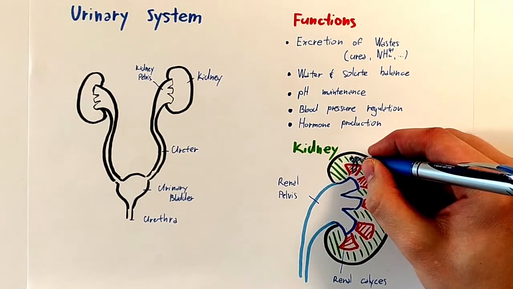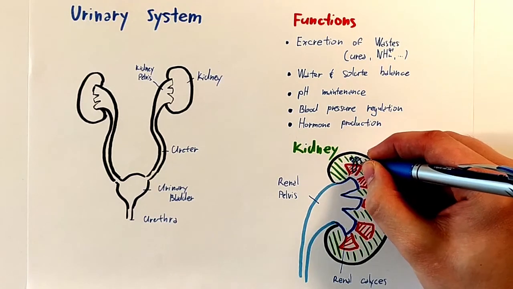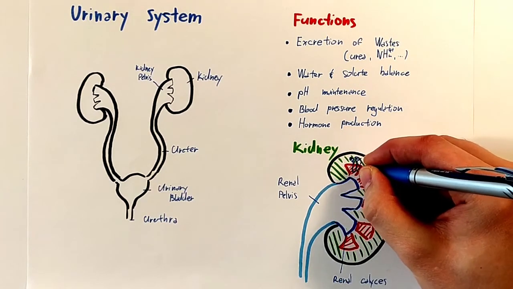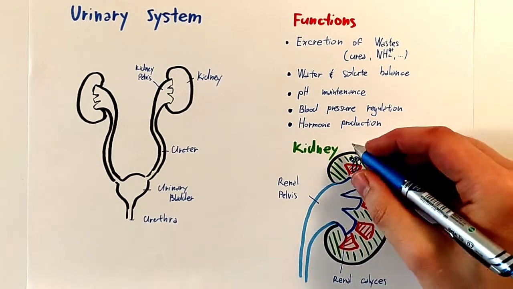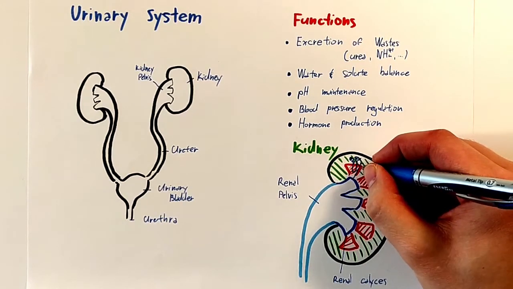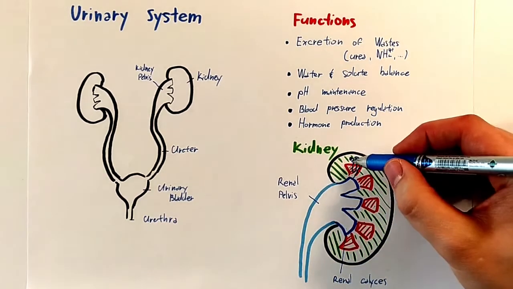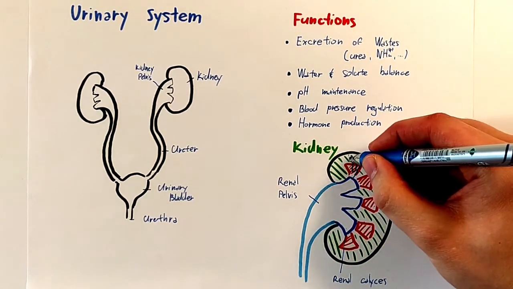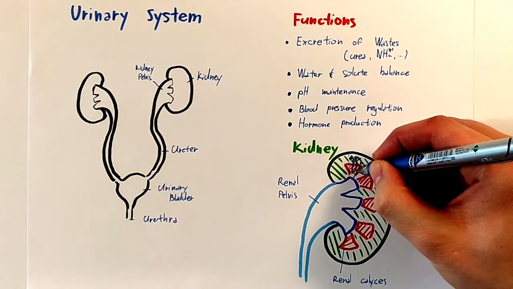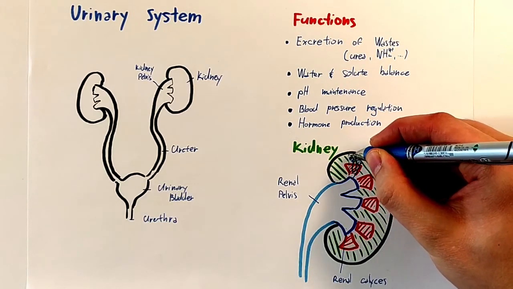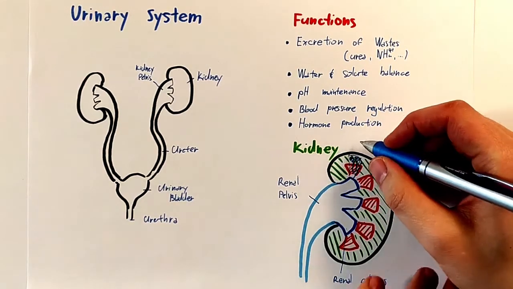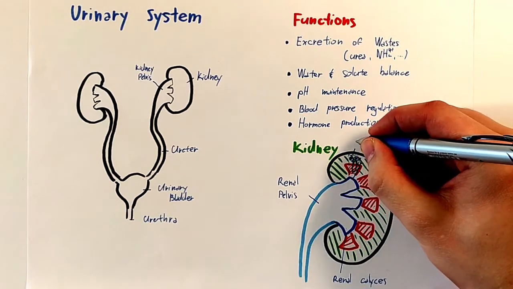Collecting ducts are not part of the nephron anymore, but they carry the urine from many nephrons into the calyx. And here there'll be other nephrons contributing to it. So this part will be the nephron. I'll be talking about it in much more detail in a minute.